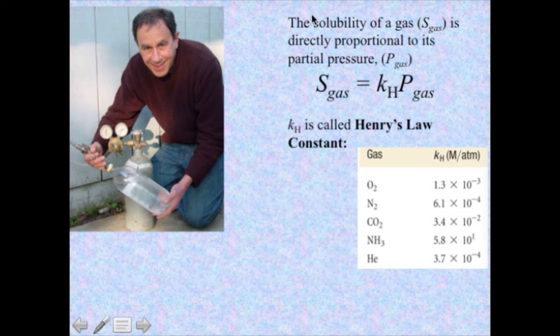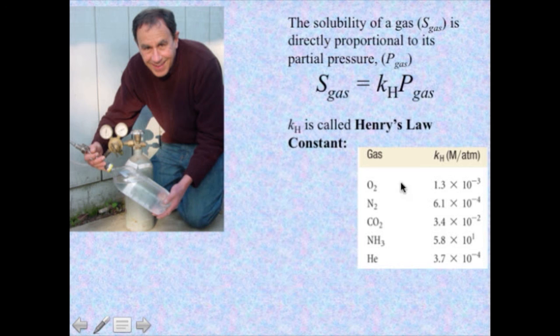But the solubility of a gas is directly proportional to its partial pressure, or the pressure of the gas over the liquid. And there's an equation called Henry's law that describes this relationship of solubility to pressure. The solubility of a gas is equal to the Henry's law constant, Kh, times the partial pressure of the gas.